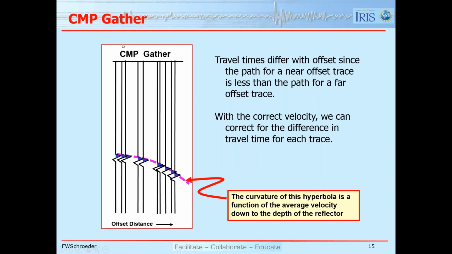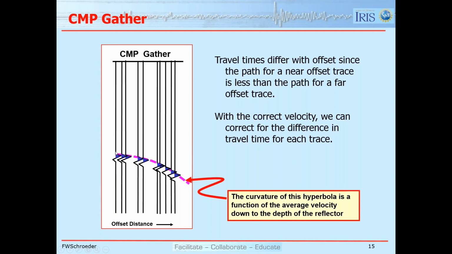So the CMP gather, the common midpoint gather. We can see the different reflections as hyperbolas. We can measure the curvature of that hyperbola, and that will give me the average velocity at that location down at this two-way time or this depth.